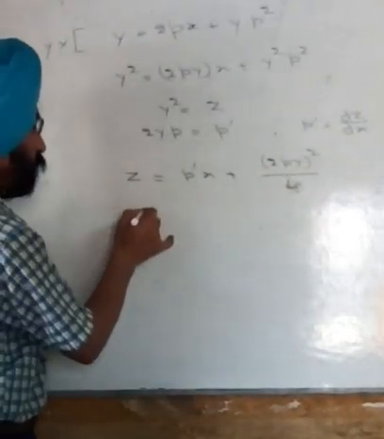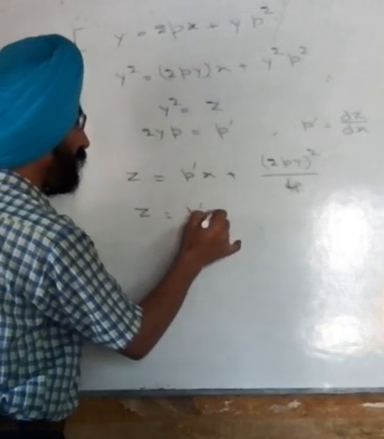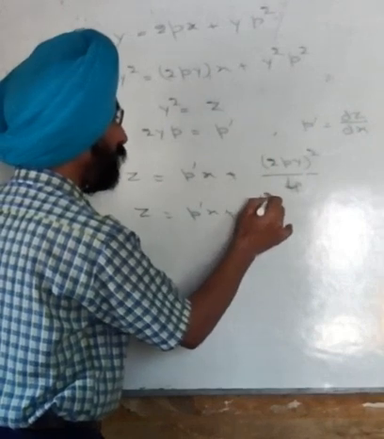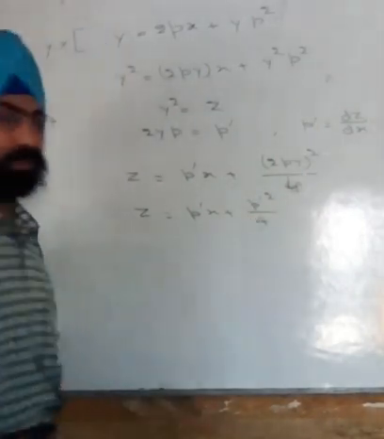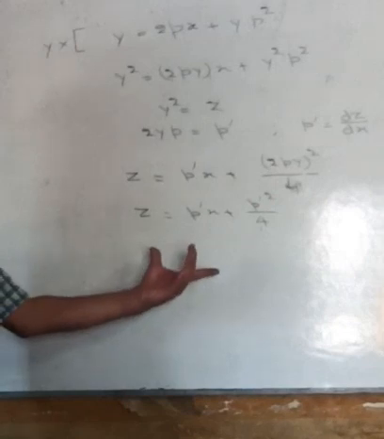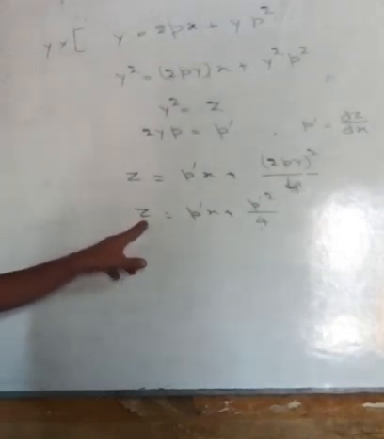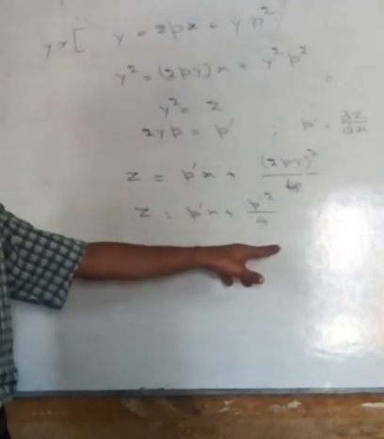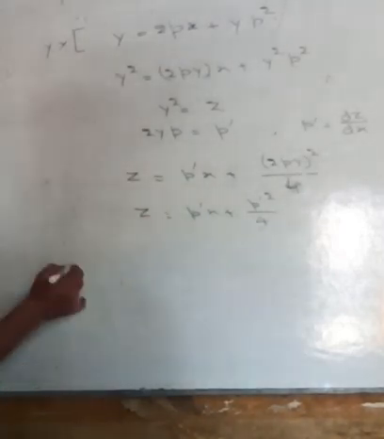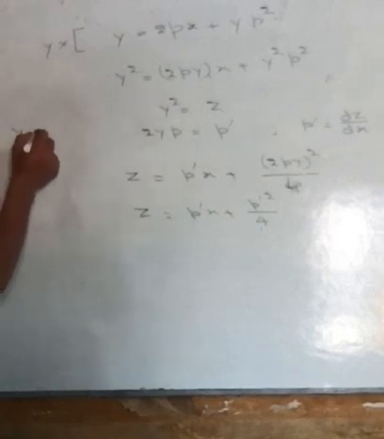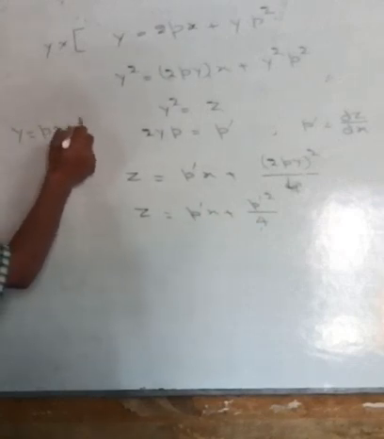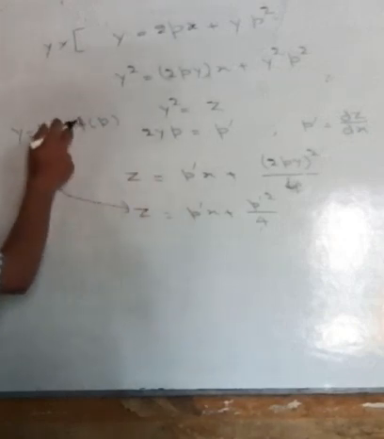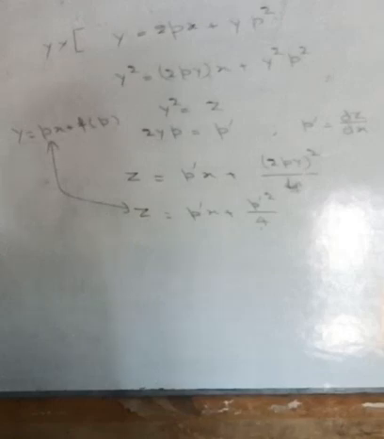So now z is equal to p dash x plus, since 2py is p dash, p dash square by 4. And now this equation is in Clairaut's form. This is z is equal to p dash x plus some function of p dash. Doesn't it look like y is equal to px plus function of p? You can compare this equation to this one, and now it is in Clairaut's form.